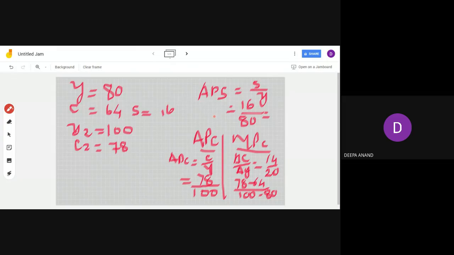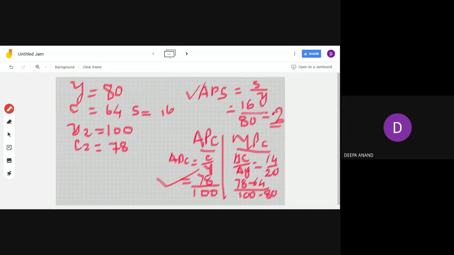What is APS in the first case? 0.2. Yeah, 0.2. And in this situation, you are asked to find out APC, that is 78 upon 100, that will give you 0.78.